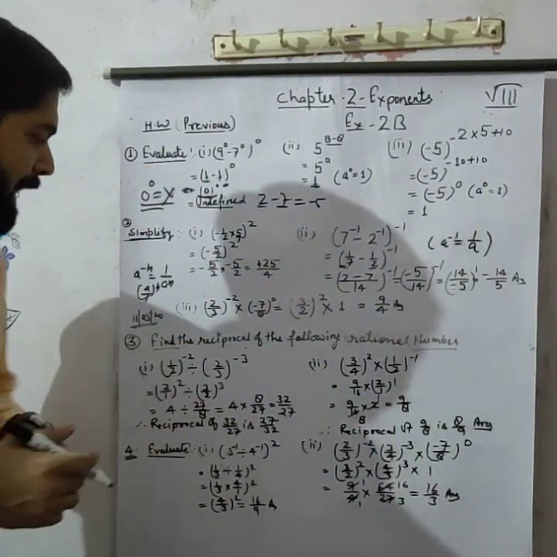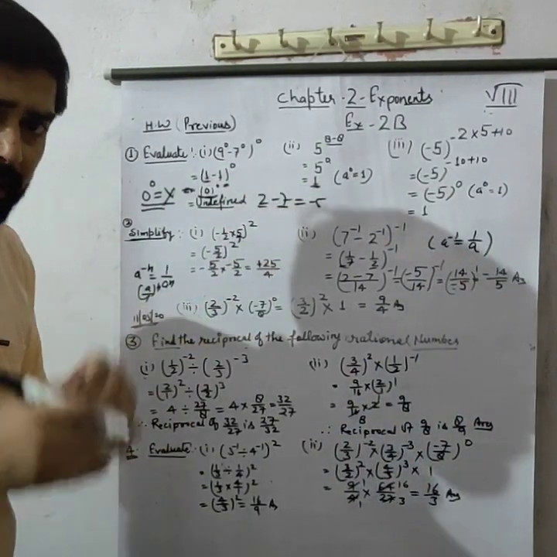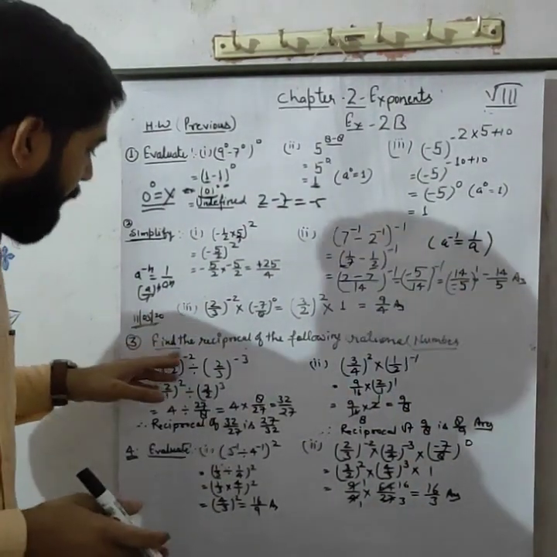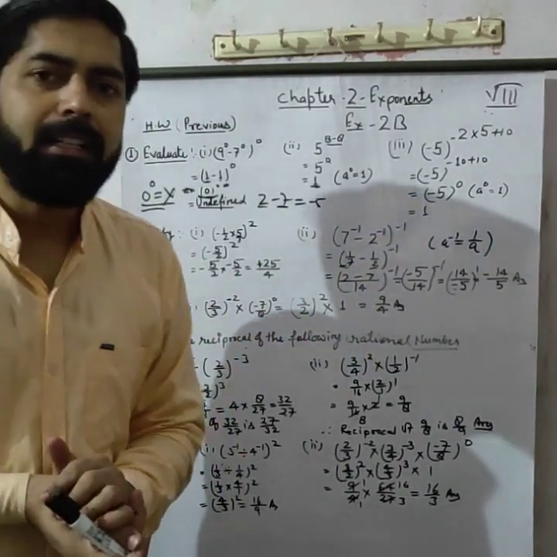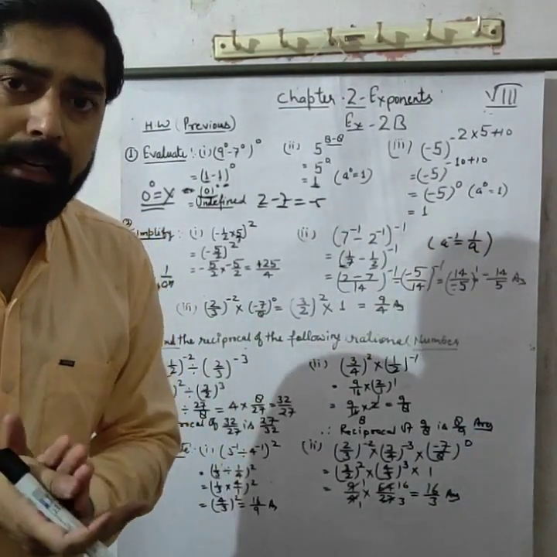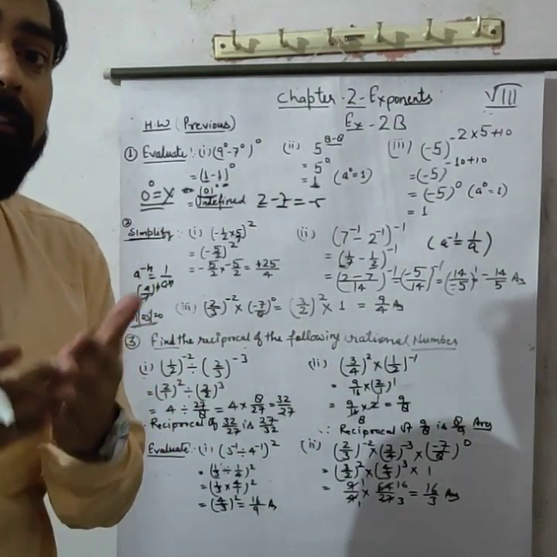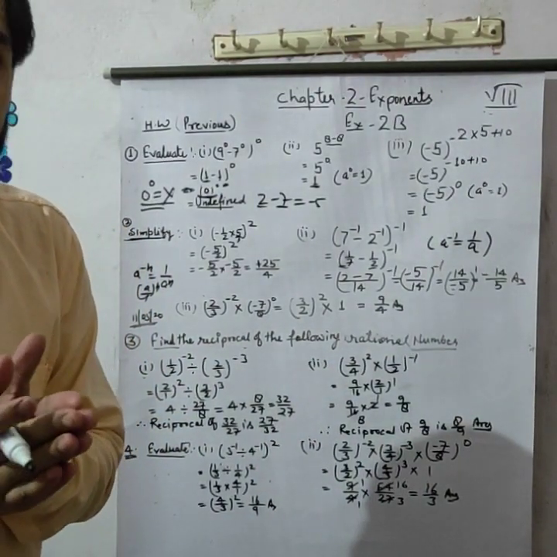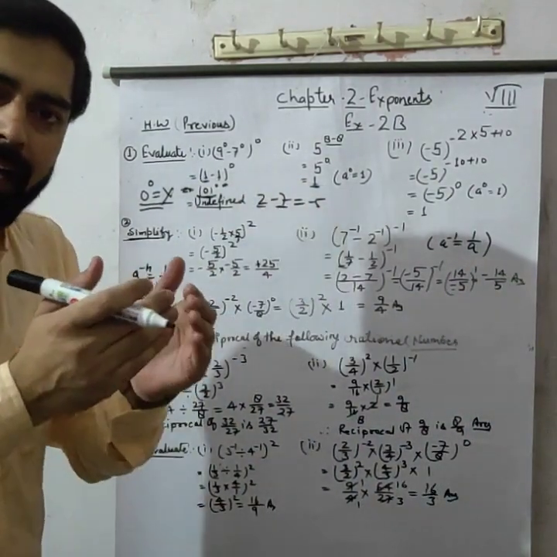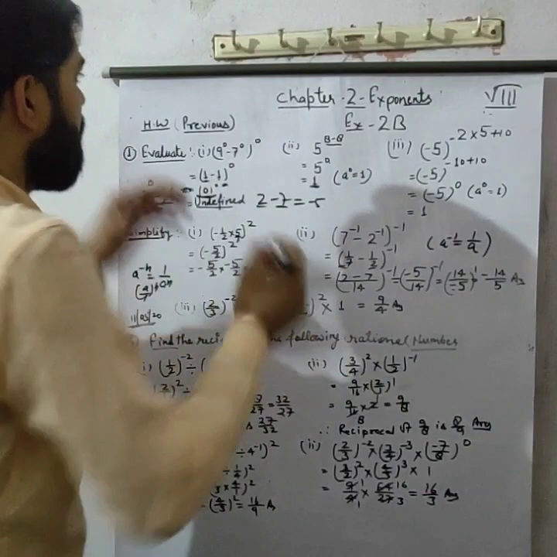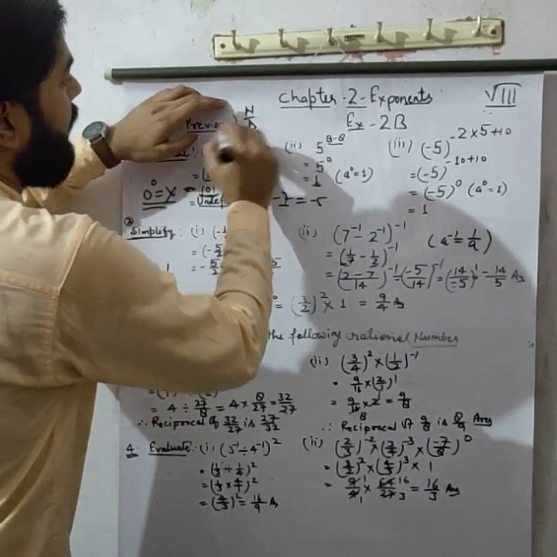Now today's topic, in exercise 2b: find the reciprocal of the following rational numbers. You know how we can find the reciprocal of any rational number or fraction. We interchange the numerator and denominator.